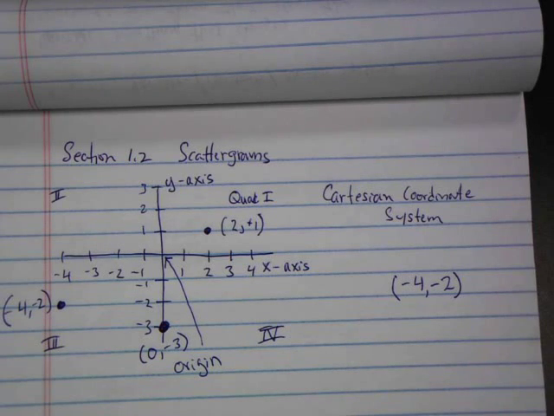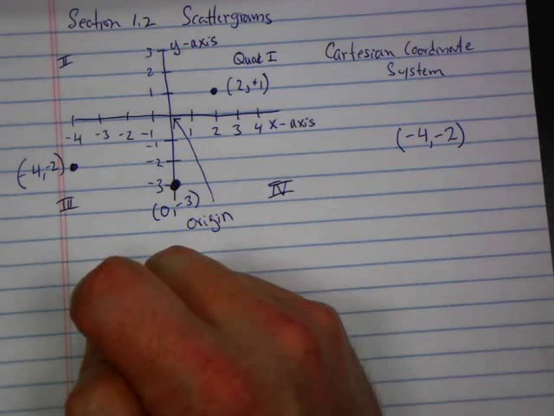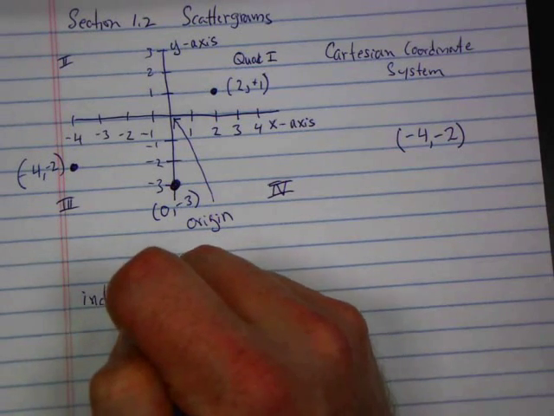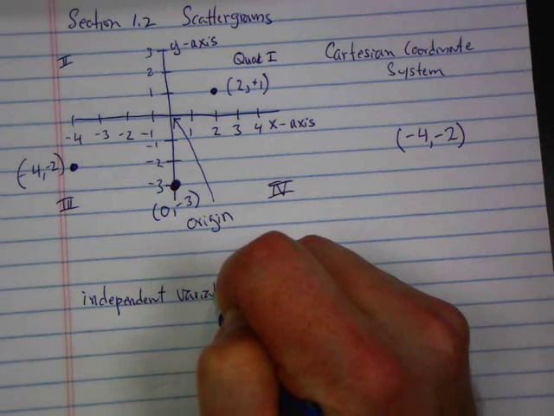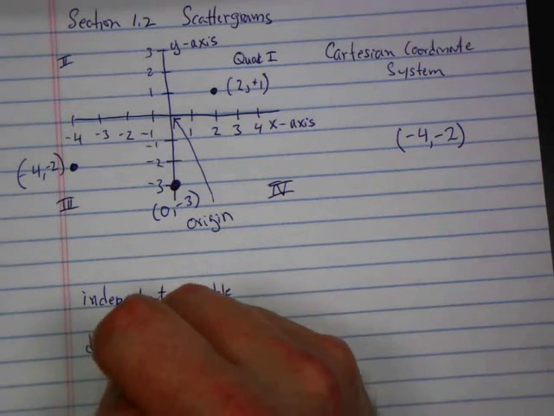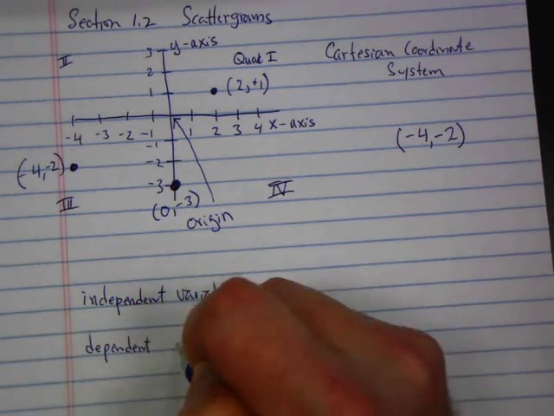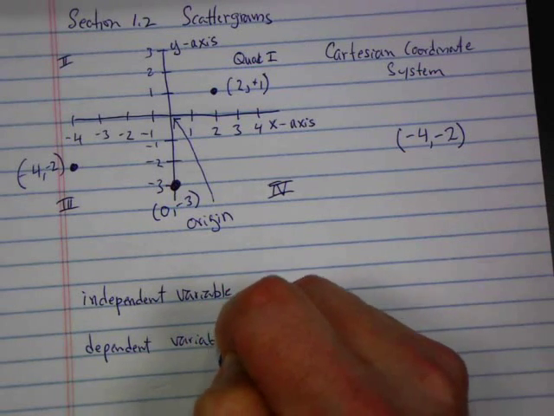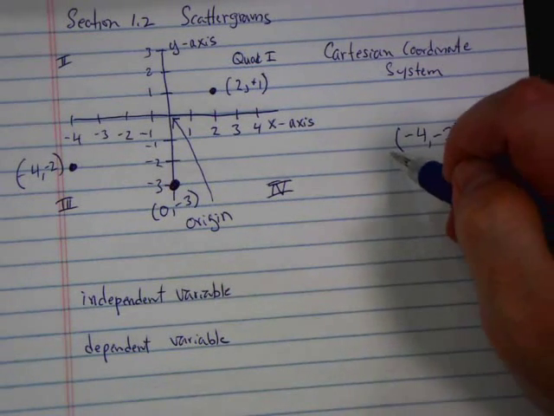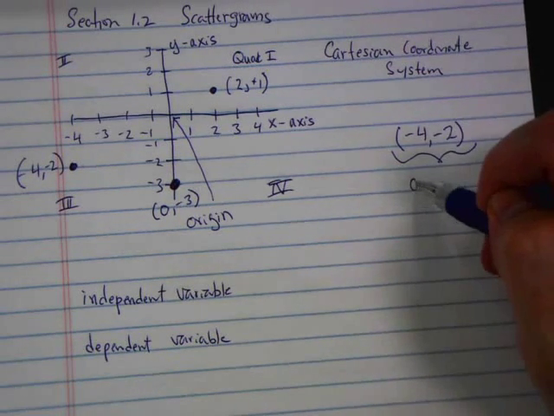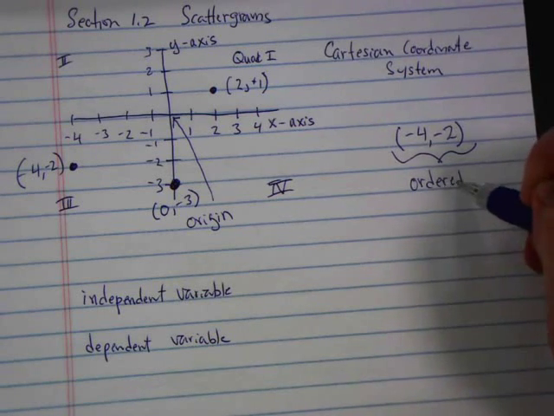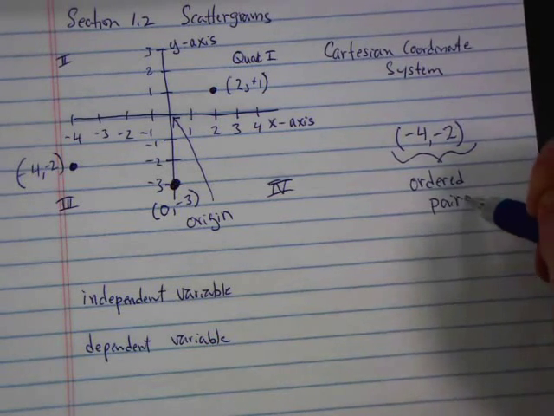Okay. The next thing we need to talk about for a second here is something called the independent variable and the dependent variable. Oh, I do have one other question back to these things. There's a name for something like this besides just a point. They're also called ordered pairs. Why would we call them ordered pairs?